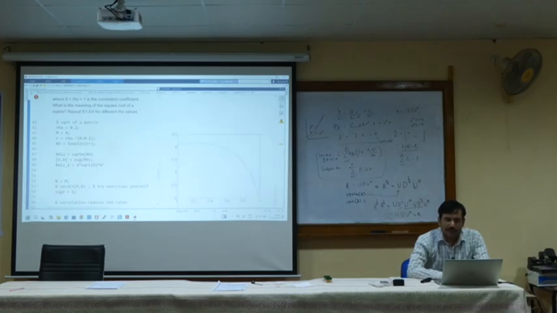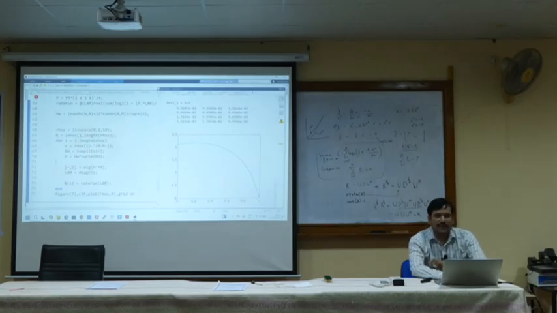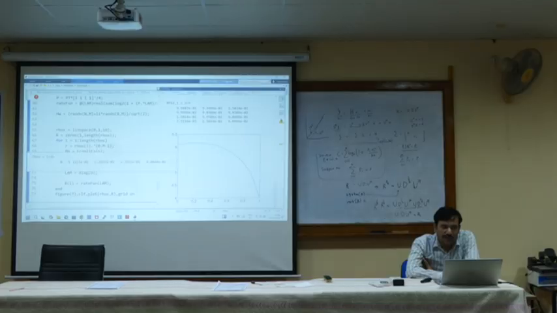Then what I have done here to plot this curve: I have taken different values of rho between 0 and 1. I have taken 10 values here, and for each value of rho I have run the loop, and for each value of rho I have generated a Toeplitz matrix multiplied with HW. HW is what? CN(0,1) matrix, right?